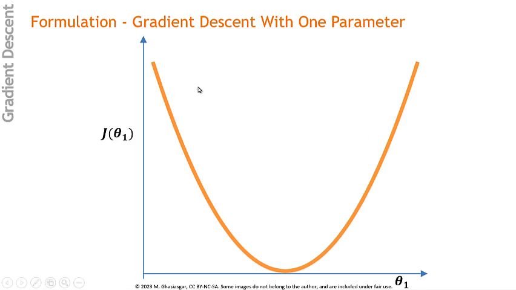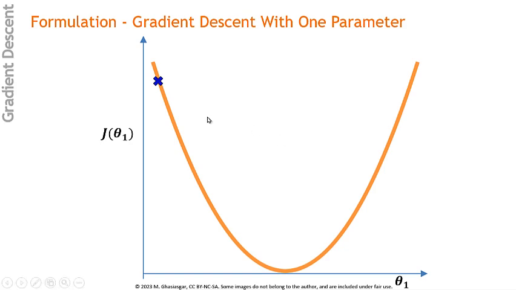So it turns out in this case that our function J will look like a parabola. Now it won't always go all the way down to 0. This is just one example case. But in general, the linear regression problem does have a parabolic shape.